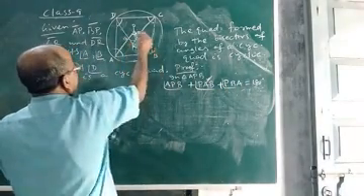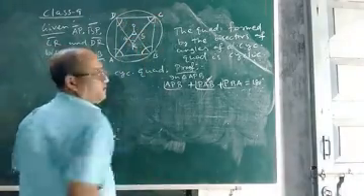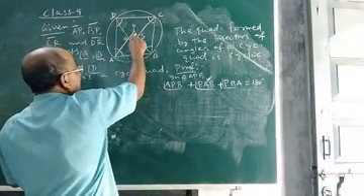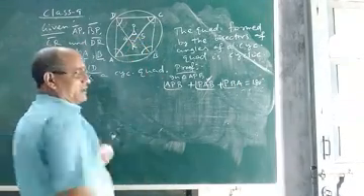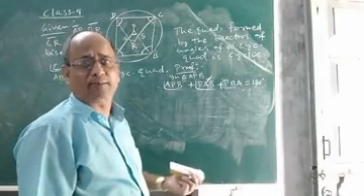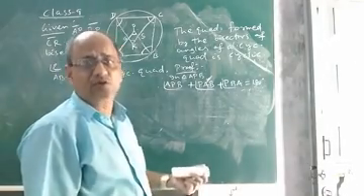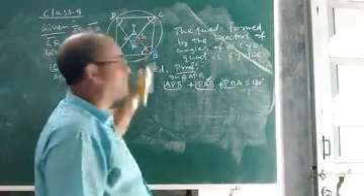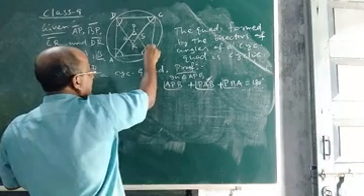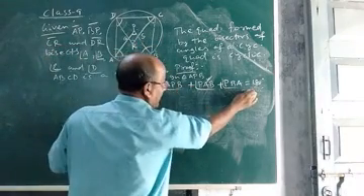Similarly, you consider triangle DRC. Why? Because our aim is to prove that angle P plus angle R is 180 degrees. If we can show that angle P plus R is 180, then only the quadrilateral PQRS will be cyclic. So first you consider triangle APB and apply the angle sum property.